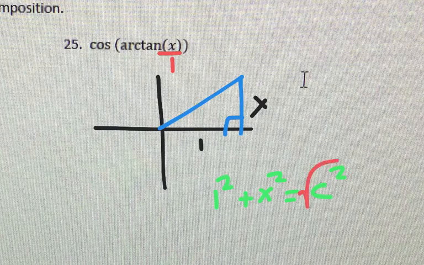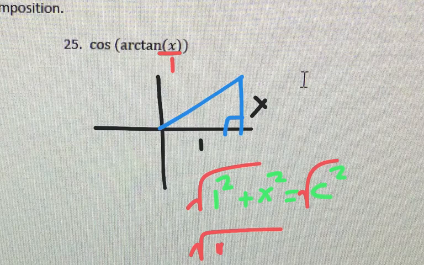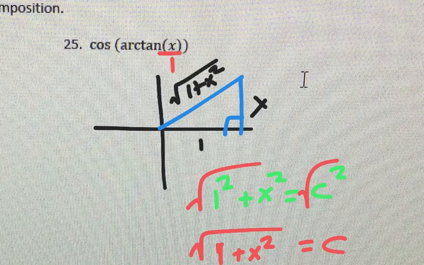So I'm going to take a square root of both sides. 1 squared is just 1, plus x squared, is equal to the hypotenuse c. So now I know my third side is going to be the square root of 1 plus x squared.